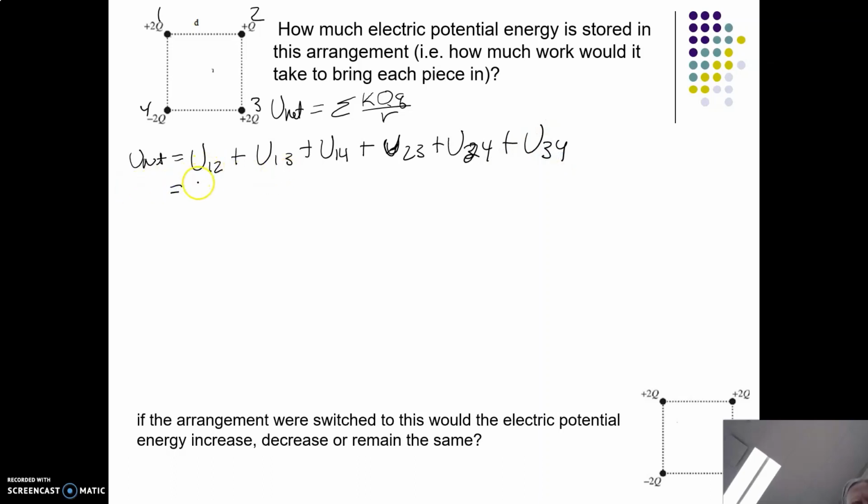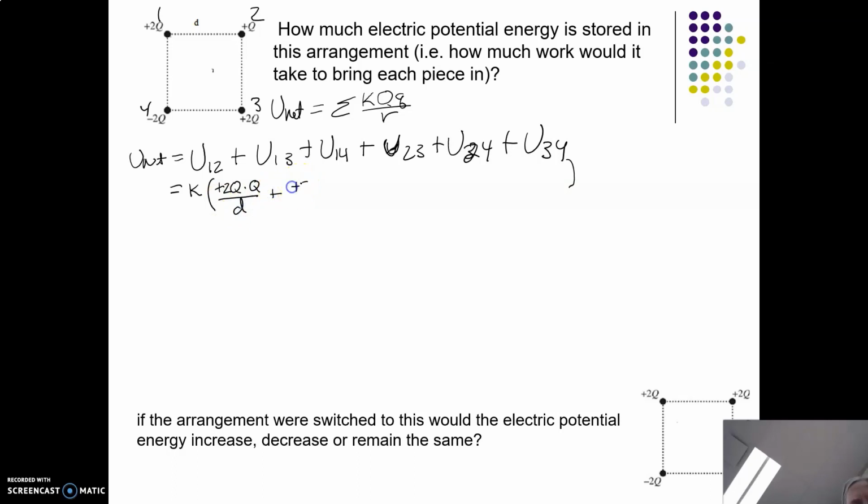Okay, so the k for all of these is the same. So I'm just going to take the k out here, and then we'll do all these. So for 1 and 2, we remember to use the sign of the charge. So it's plus 2Q times plus Q, and that distance is just d. To that, we're going to add 1, 3.